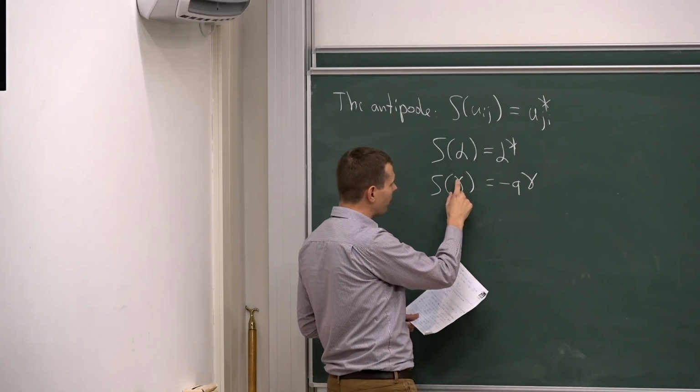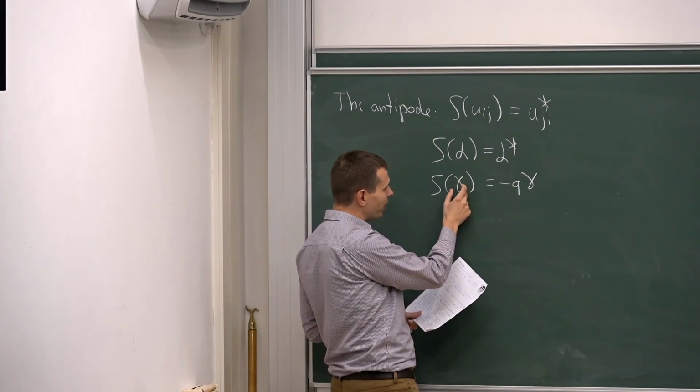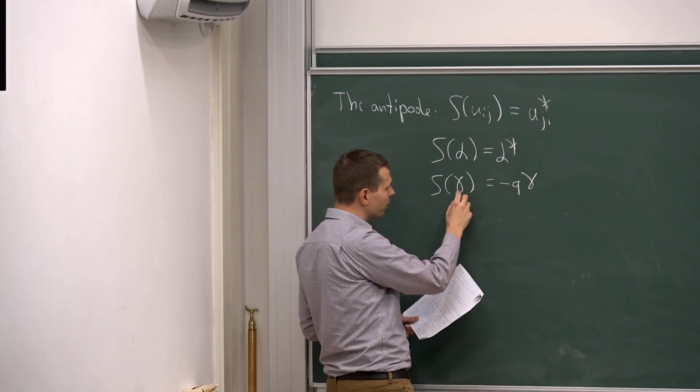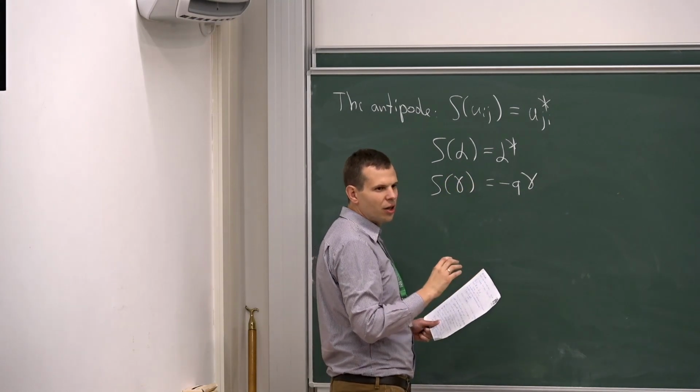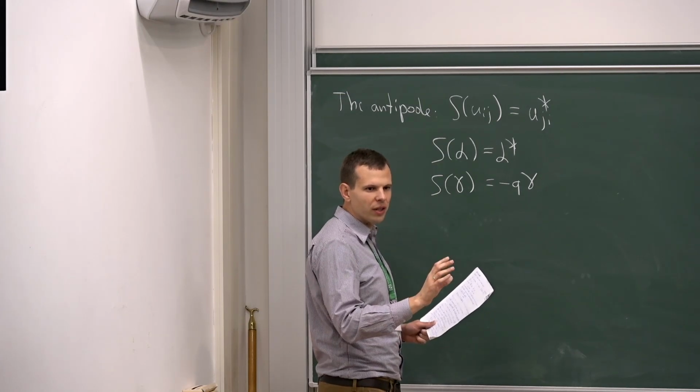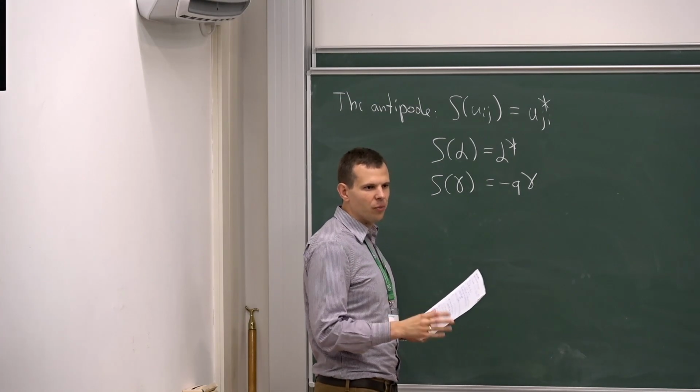It's supposed to be multiplicative, so S of gamma star to the power n has eigenvalues growing to infinity. So there is no hope that S extends to an actual bounded map on our C-star algebra.